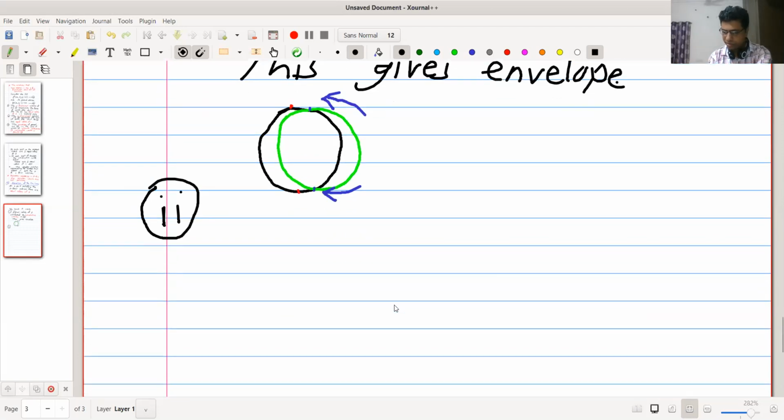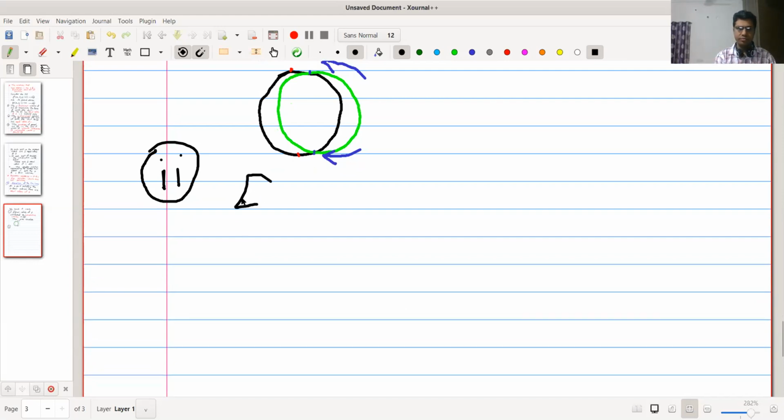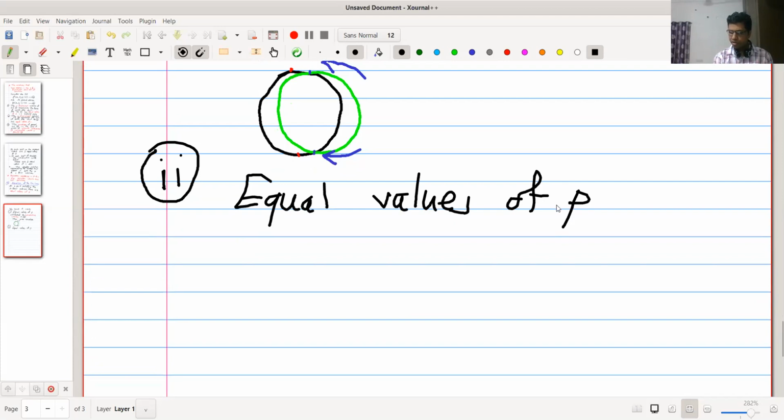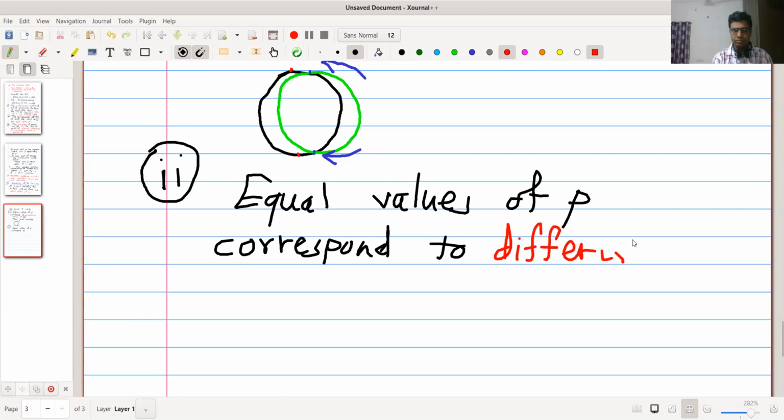Now second case is equal values of p correspond to different curves in system 2, in the family of general solution 2.